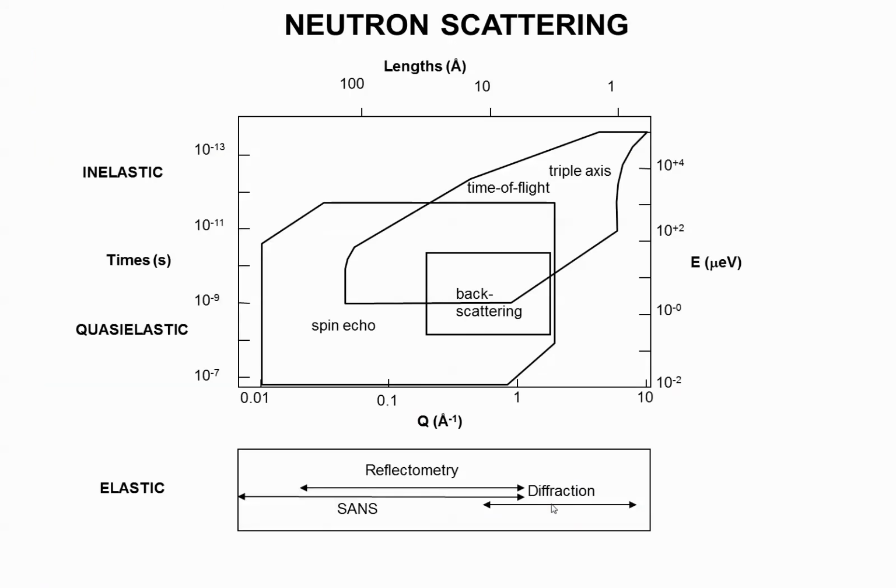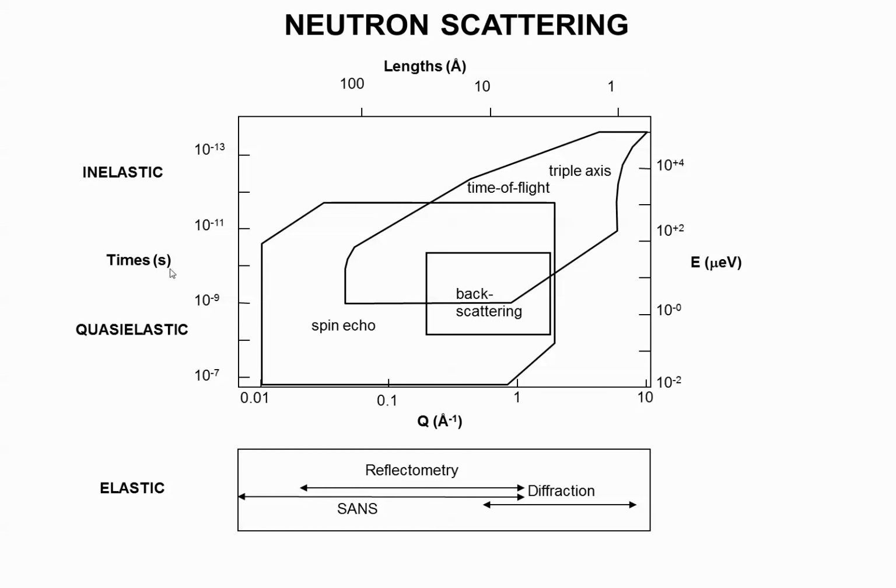Let's look at neutron scattering. This is the length scale inside the sample and the time scale of the dynamics within the sample. We say this is 10 angstroms, so this is now 1 nanometer, this is 10 to the minus 9 seconds. Remember that scattering methods are in Fourier space. There is a Fourier transform space, which is called the scattering variable.